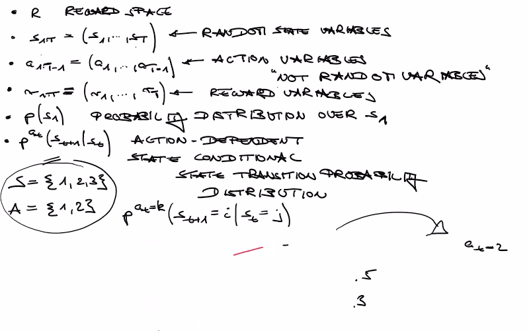So what is the difference between conditional and dependent? The reason why I'm making this difference is basically just to indicate that actions are not random variables.